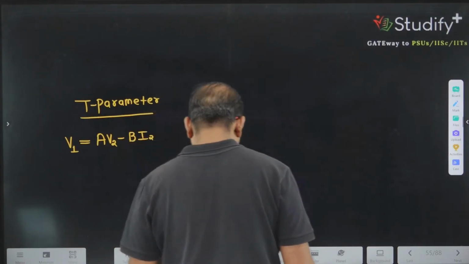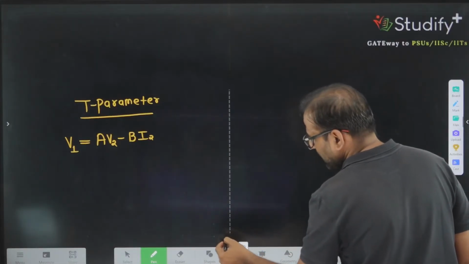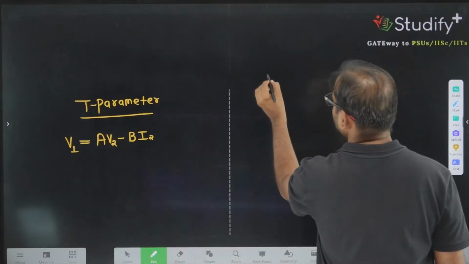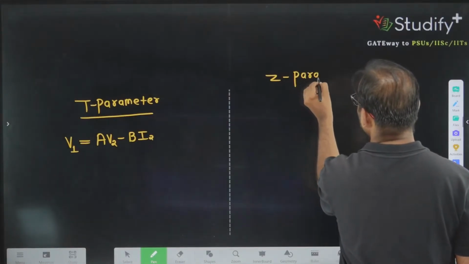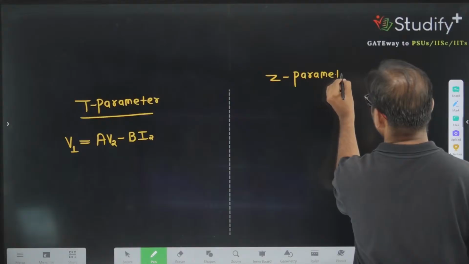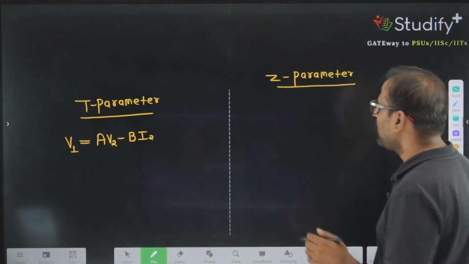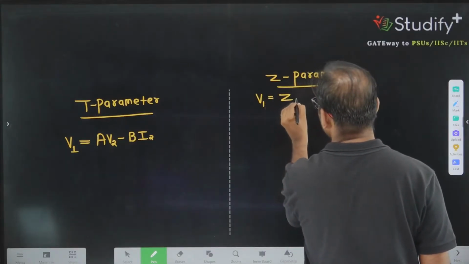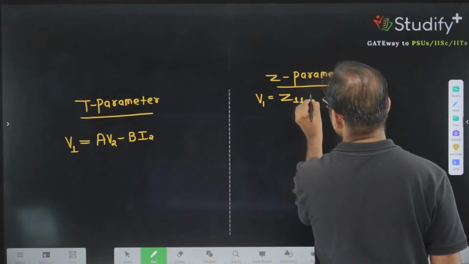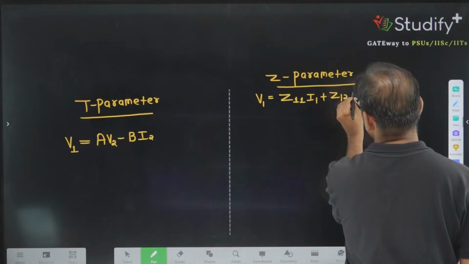And what is the value of V1 from the Z parameter? What is the equation from the Z parameter? The equation I can write is V1 equal to Z11 I1 plus Z12 I2.